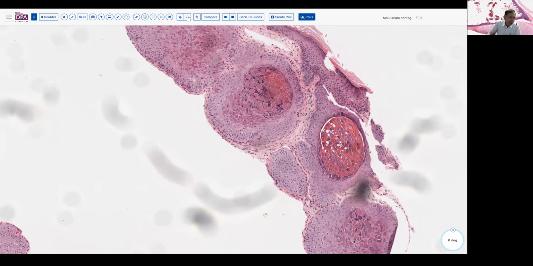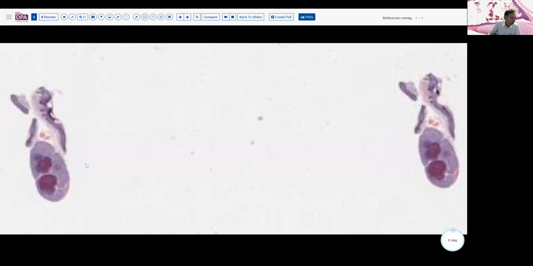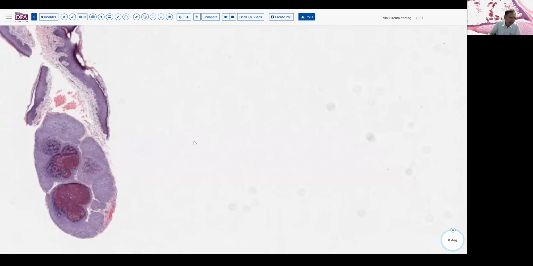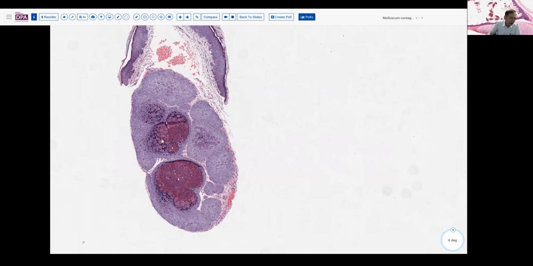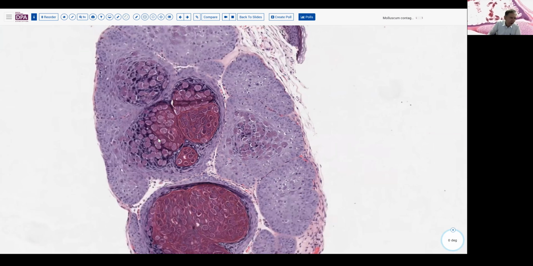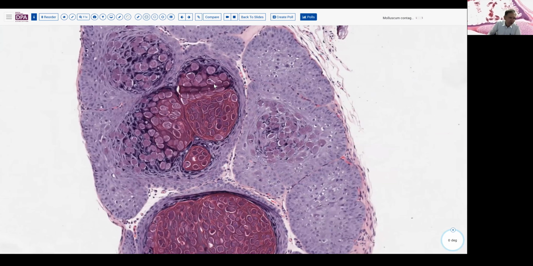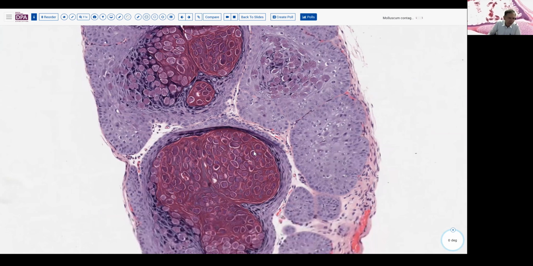Now, this can be a little bit variable, and that's why I've included 2 slides in the sequence to highlight that depending on staining characteristics in your laboratory, they may be somewhat pink or they may be slightly bluer. As you can see here, they're a little bit more purplish color rather than the more reddish color in our previous case.